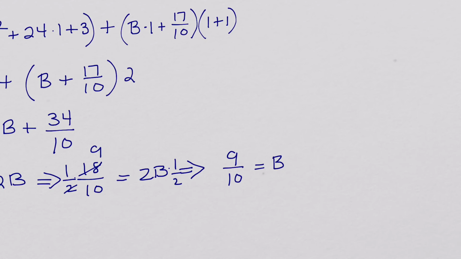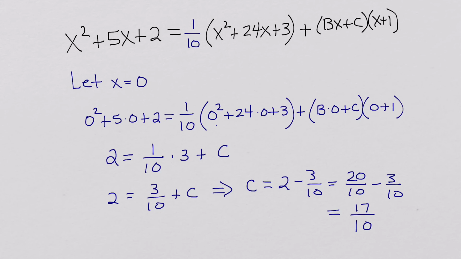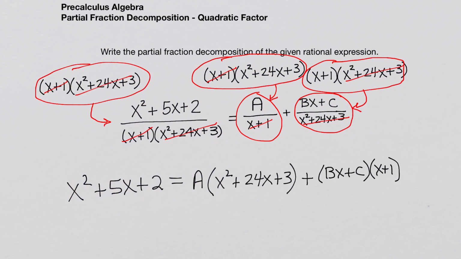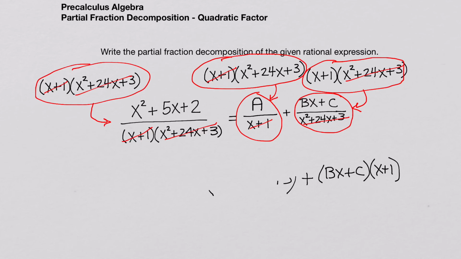Okay, so now we're going to go back to our original screen and we're going to plug in the solutions that we found. So B is 9 over 10, C was 17 over 10, and A was 1 over 10. So, all right, here we go. Let's get rid of some of this. I need space to write my answer. All right, let's see if I can remember all the things that they were.